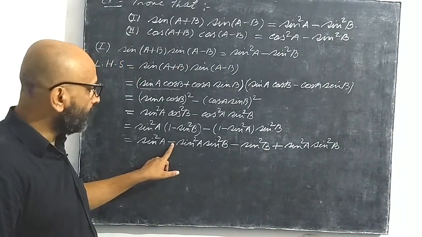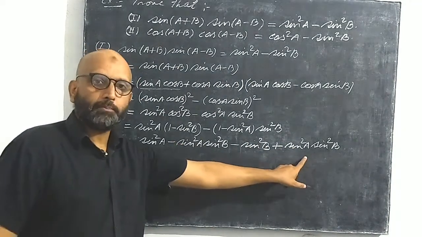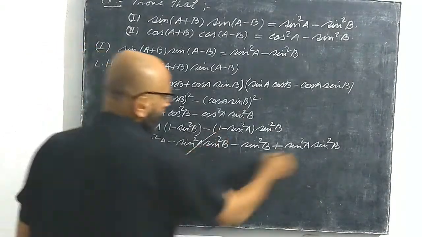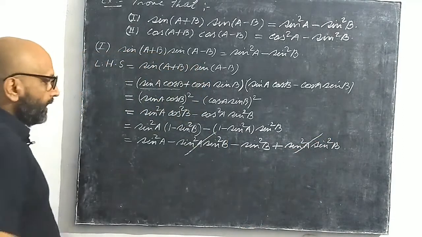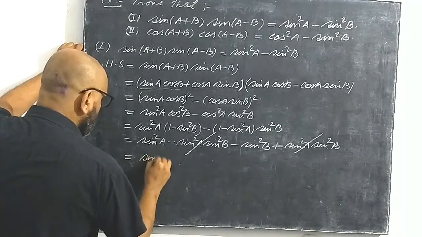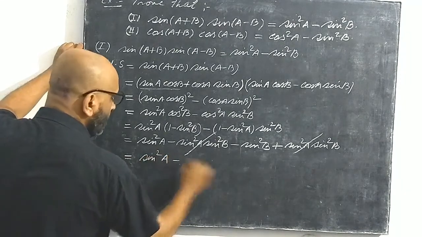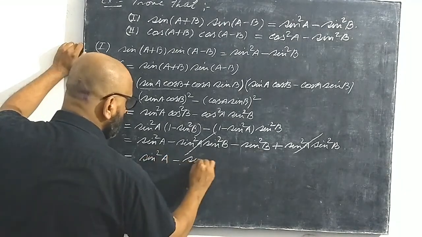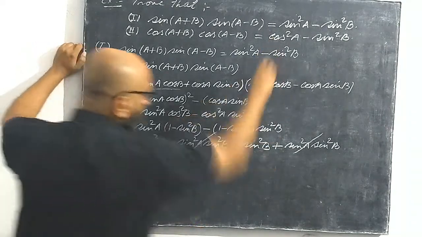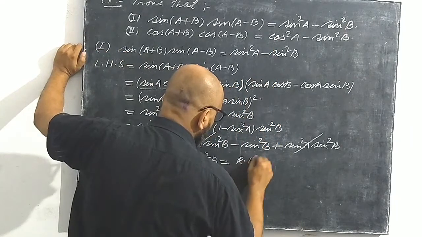This is negative sin square A sin square B, and this is positive sin square A sin square B. So these cancel each other, and we are left with only sin square A minus sin square B, which is equal to the right hand side.